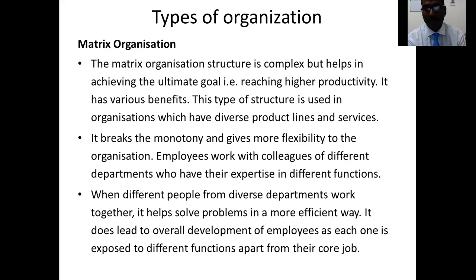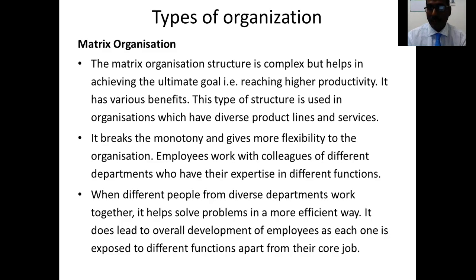It has various benefits. This type of structure is used in organizations which have diverse product lines and services. So this one you can find in an organization which is diverse, meaning a different variety of product lines. As you should now know, the product line means, say, toothpaste is a product.